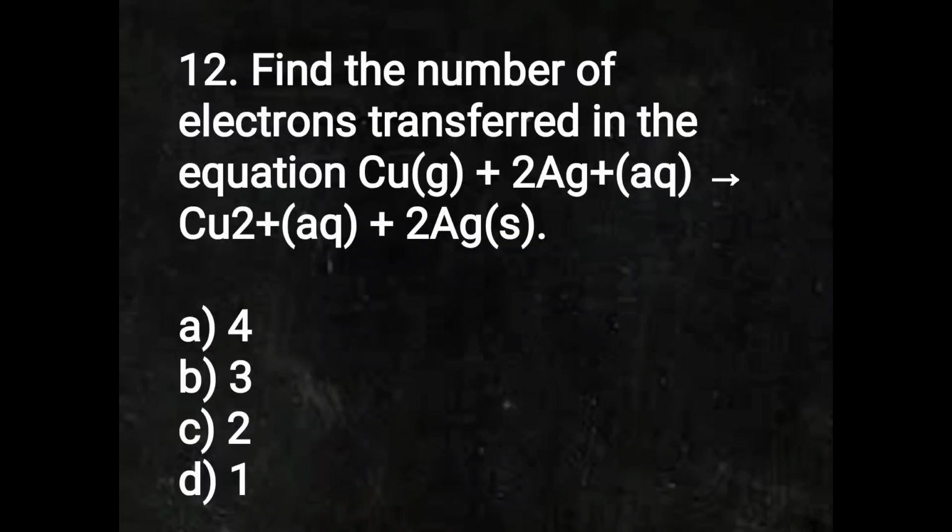Find the number of electrons transferred in the equation. Here the chemical equation is given and you have to find the number of electrons that is transferred. And option C is the correct option.